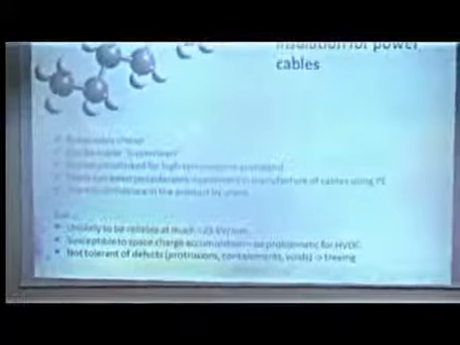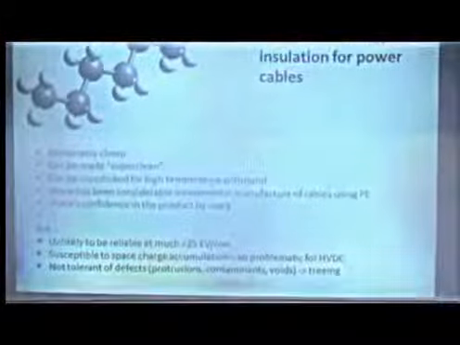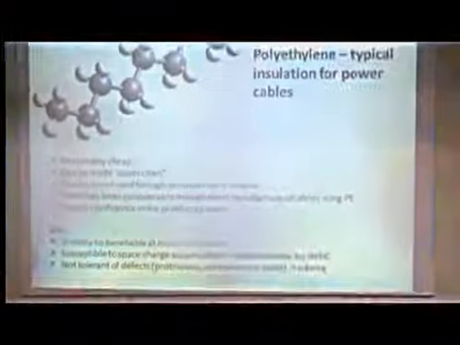So a cross-linked polyethylene cable is really one big, huge molecule in one sense, in the sense that all these polyethylene chains are actually linked together with each other. And this is typically done in cables by heating it up and using a chemical reaction to do that.